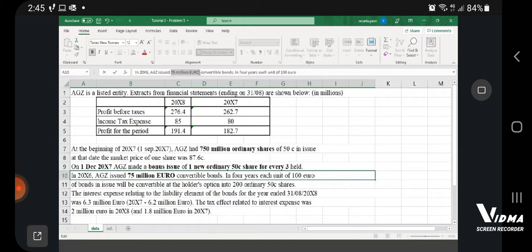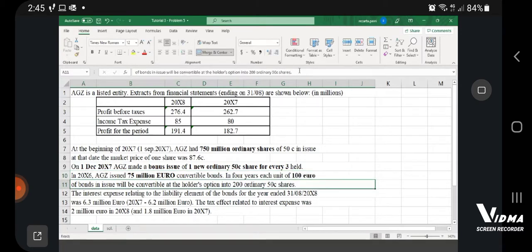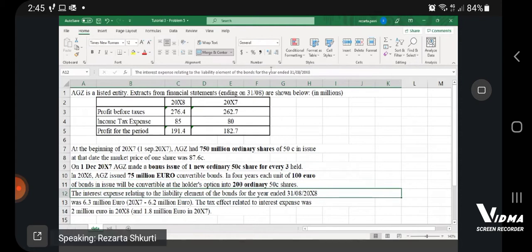In 4 years, that is in 2020, each unit of 100 euro of bonds will be converted at the holder's option into 200 ordinary 50-cent shares. But this is what is important for us. That means that the value of the convertible bonds is 75 million, but each unit of 100 euro can be converted to 200 shares.